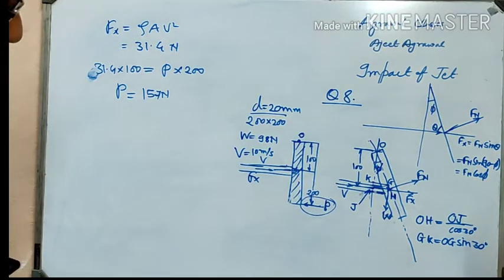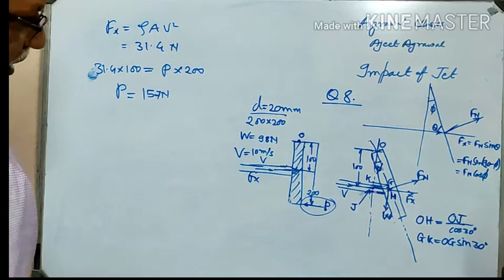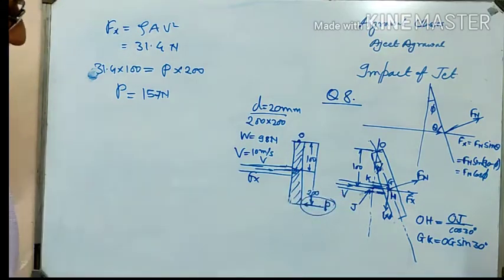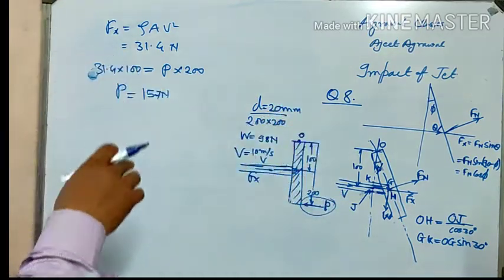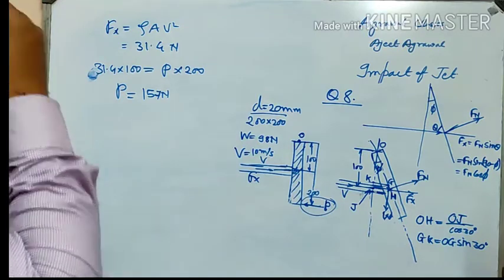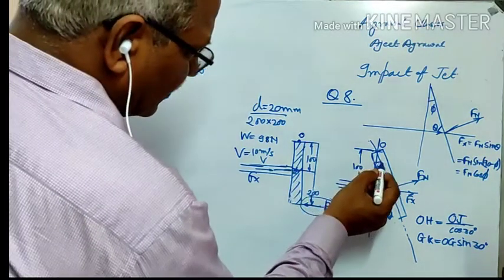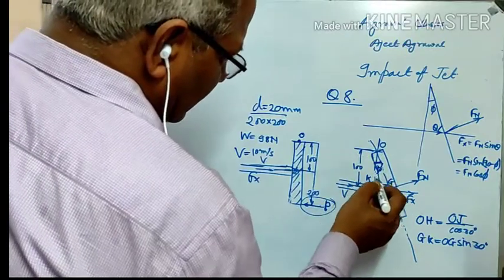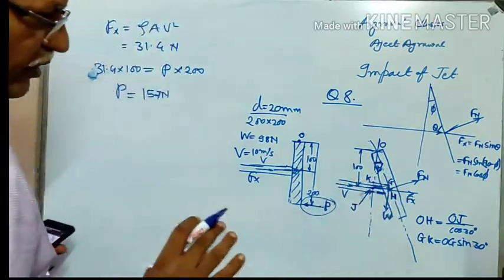Now in the second part, this force is not applied; we are simply leaving the plate without any force, and the jet is applied with the same velocity. We have to find out at what angle with the vertical this plate will be in equilibrium.